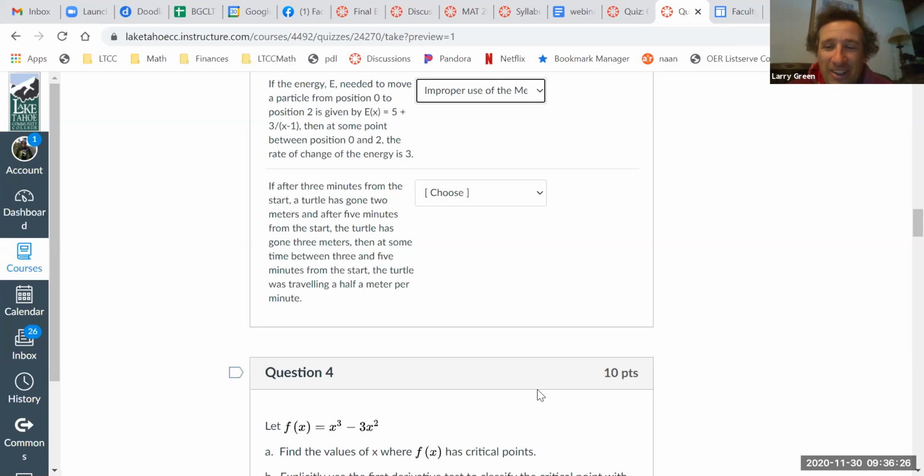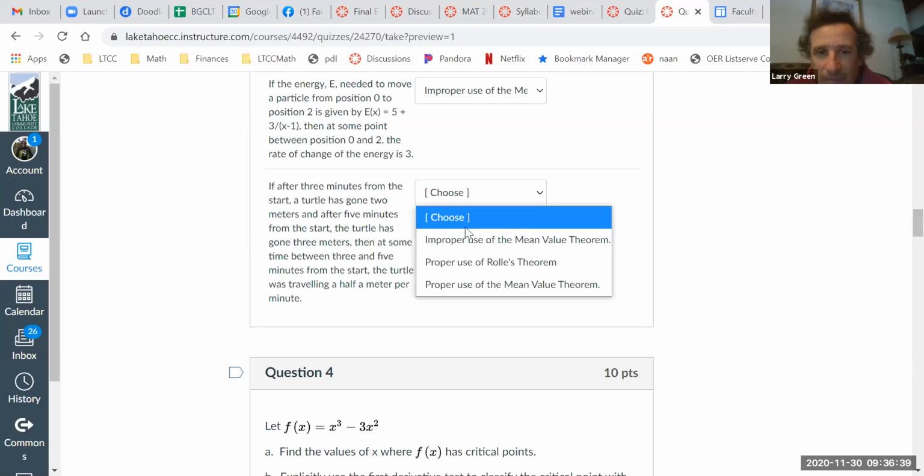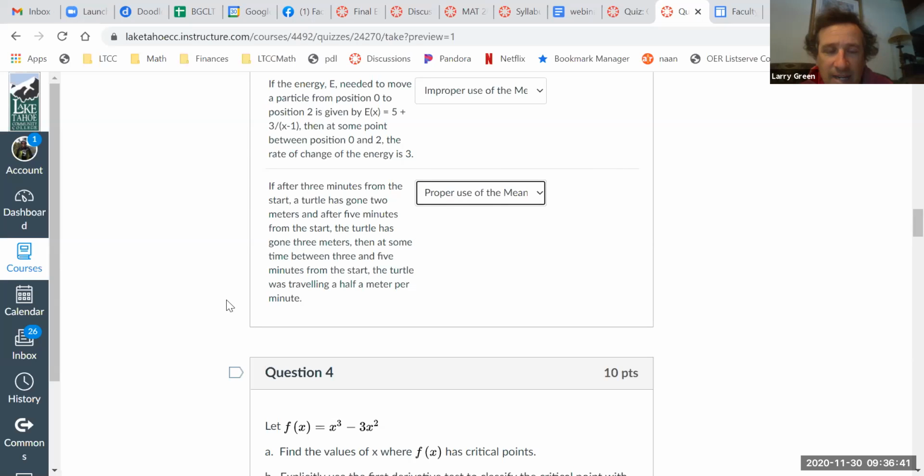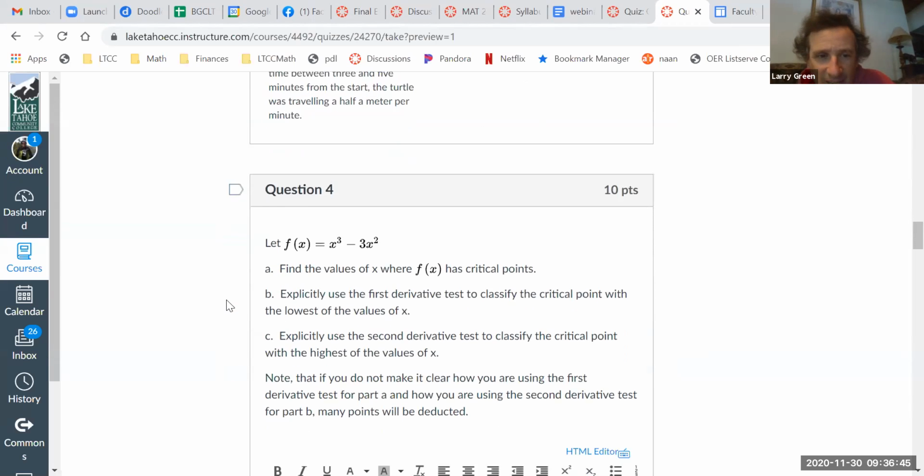It wouldn't be real. Any questions on that? Changes can't be sudden. And that's just called life. So this is a proper use of the mean value theorem. Any questions on the multiple choice problem? Okay, let's go to the next one.